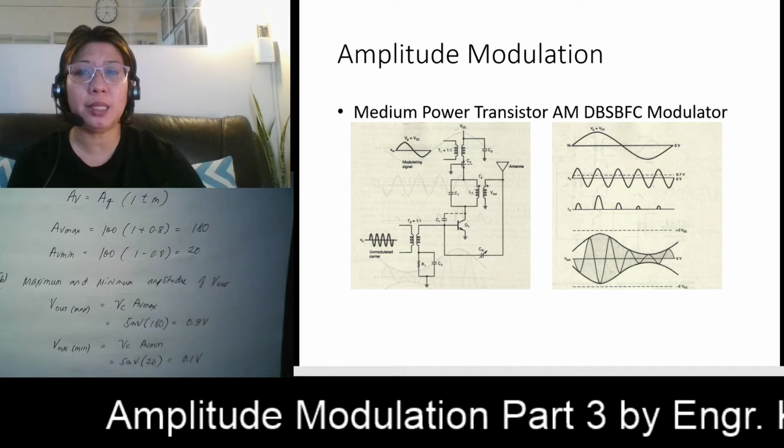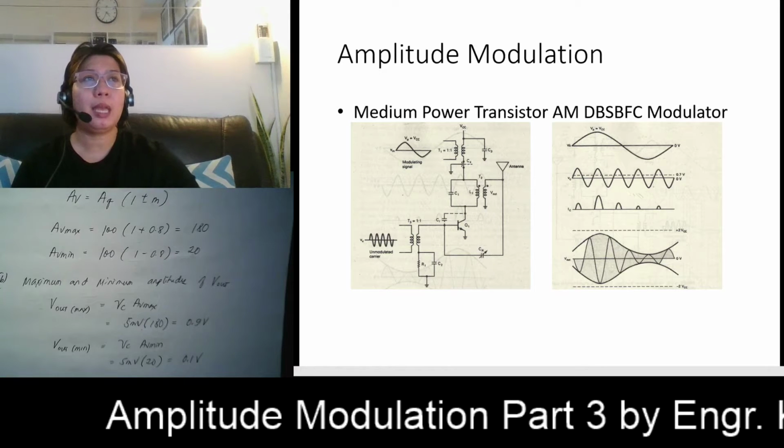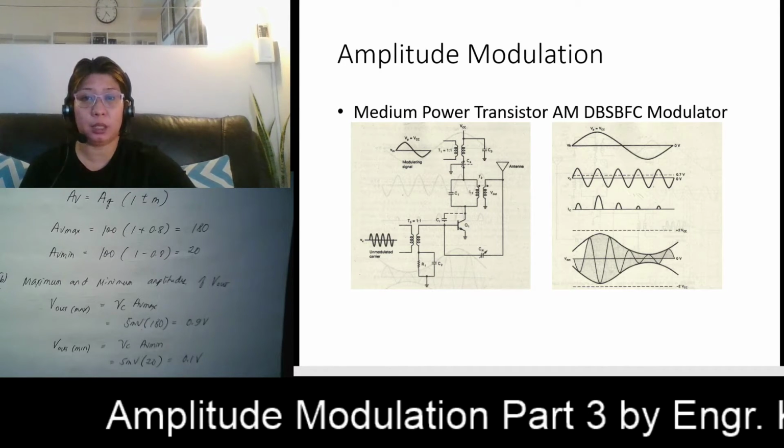This has the same operation as the previous circuit, except for the appearance of a tank circuit, which is placed at the collector of your Q1. Since the transistor is operating between saturation and cutoff, collector current is not dependent on the base drive voltage.